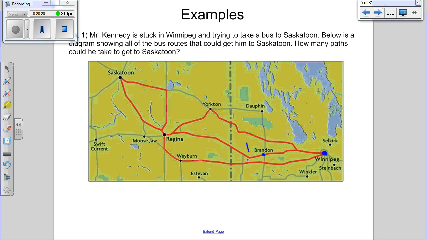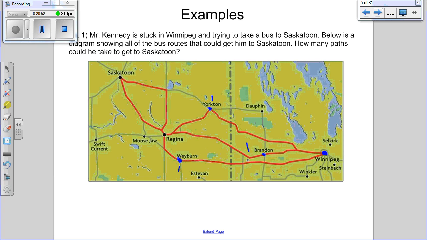The number of ways I could get to Weyburn: one way there. You wouldn't backtrack. If you went like that, you could, but they don't have it highlighted.